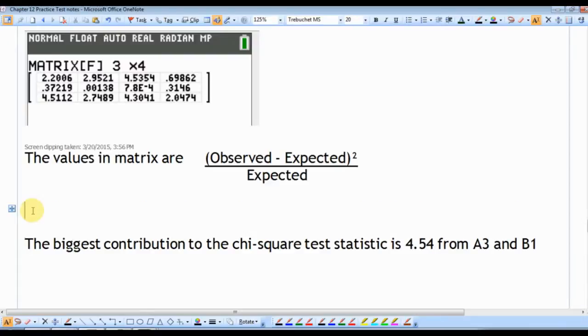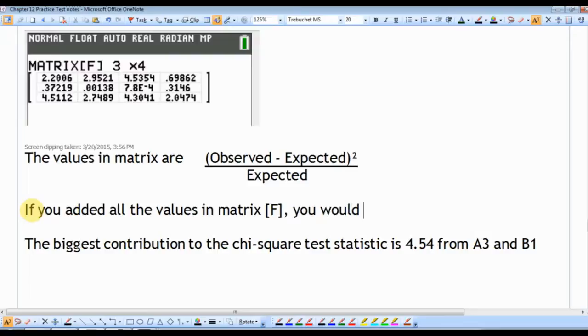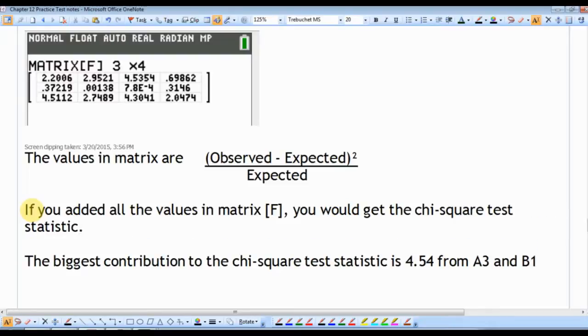So if you added all the values in matrix F, you would get the chi-square test statistic. Those are all the pieces that make up the chi-square test statistic. And a bigger number indicates that you are farther away from the expected value.